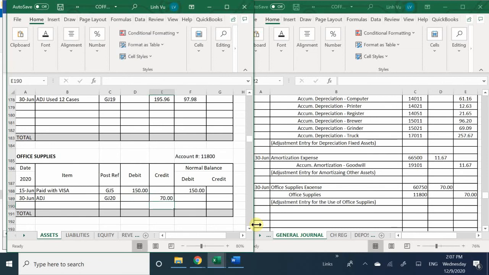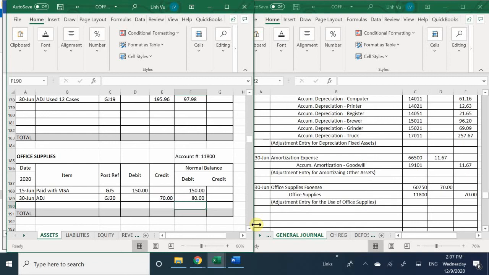I don't have my formula set, so let's see here. So $80. There you go. Now it reflects what is true, that we have $80 left on hand.